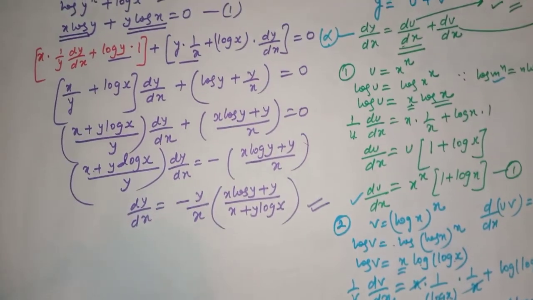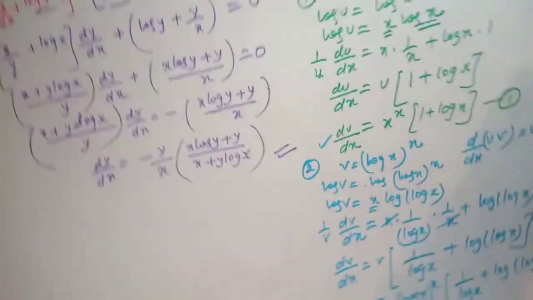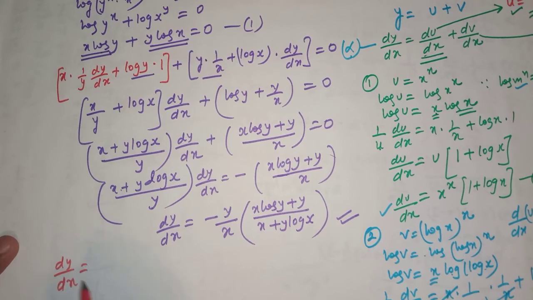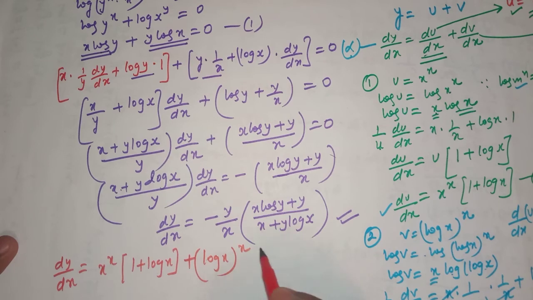So in that case, our dy over dx becomes, for du by dx, x raised to x, and here we'll have 1 plus log x, and plus this becomes (log x) raised to x, and here we have 1 over log x plus log of log x.